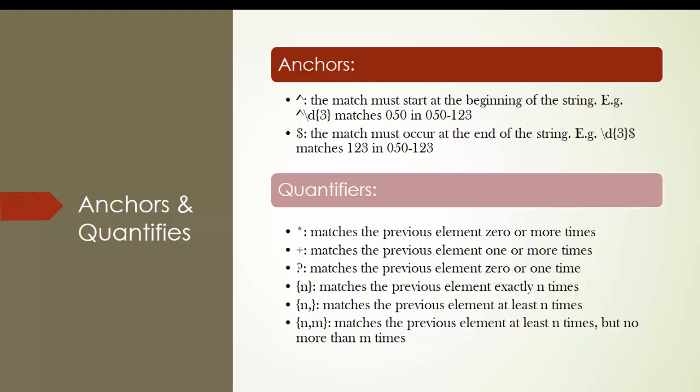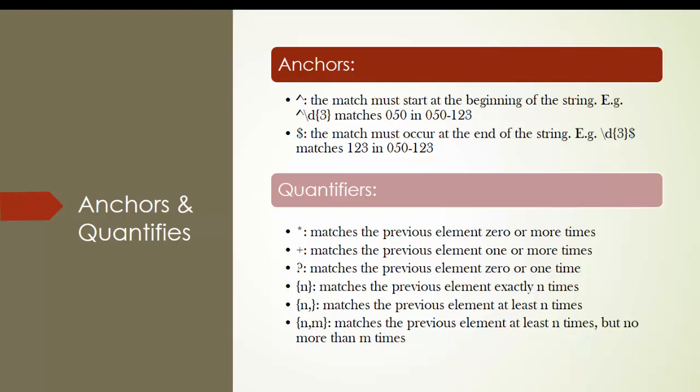Okay, so we have also what we call anchors. So these are special characters that identify where you would like to look for a certain pattern. So if you start with a caret, this means that whatever you are looking for must be at the beginning of your string.